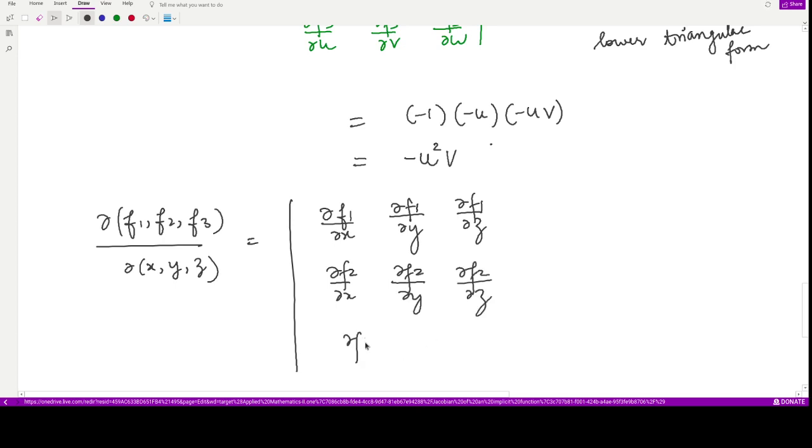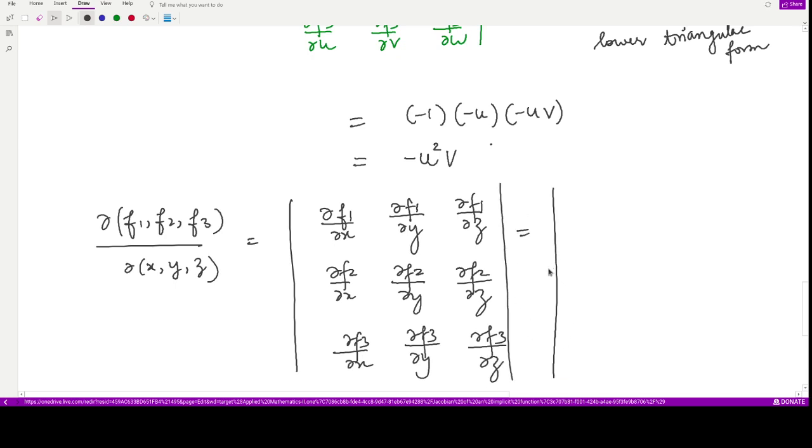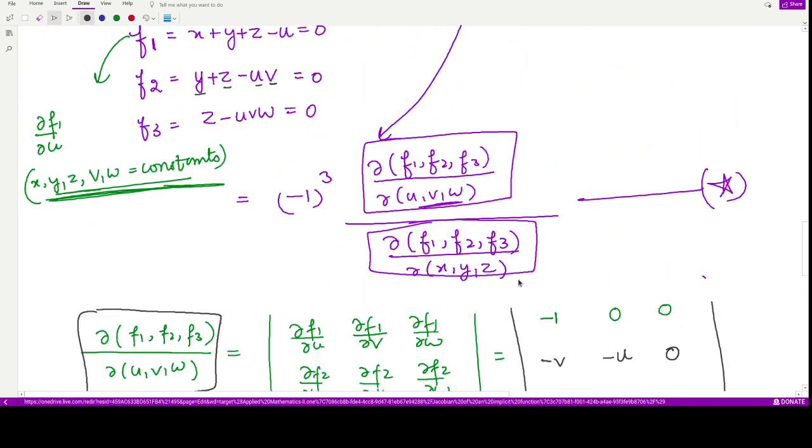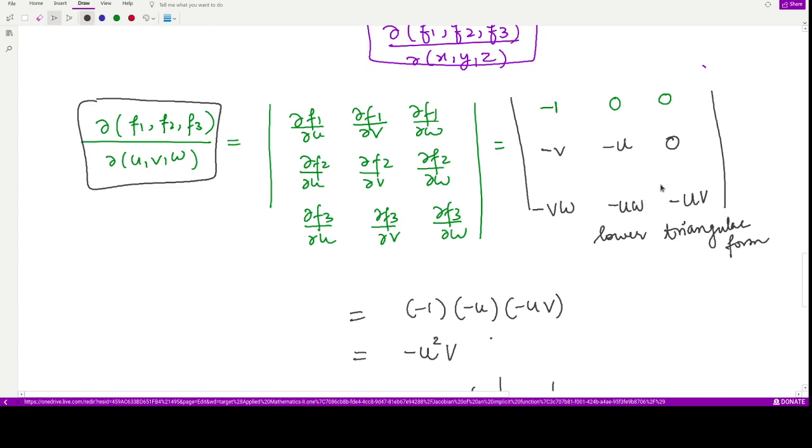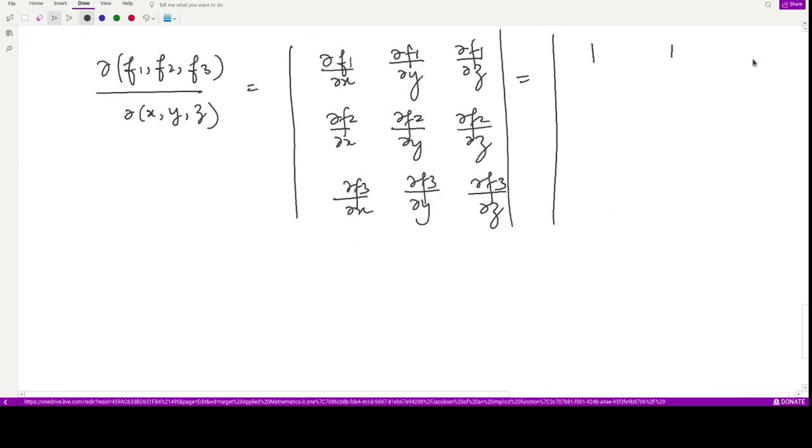And then del of f3 with respect to x, del of f3 with respect to y, del of f3 with respect to z. So this is the formula. According to this formula, if you look at your function f1, f1 has x, y and z minus u. So when you compute del f1 by del x, that would be equal to 1, del f1 by del y would be equal to 1, and del f1 by del z would again be equal to 1. So let me substitute the values here. So it would be 1, 1 and 1.